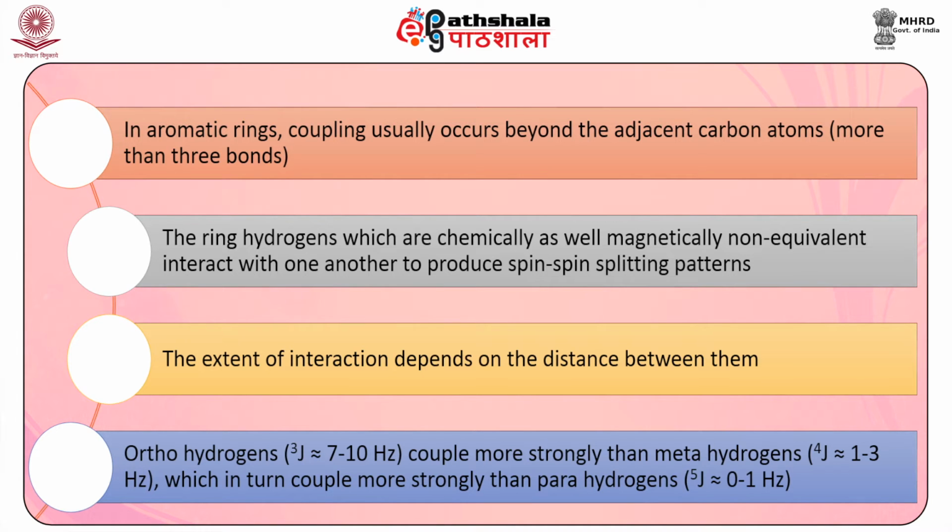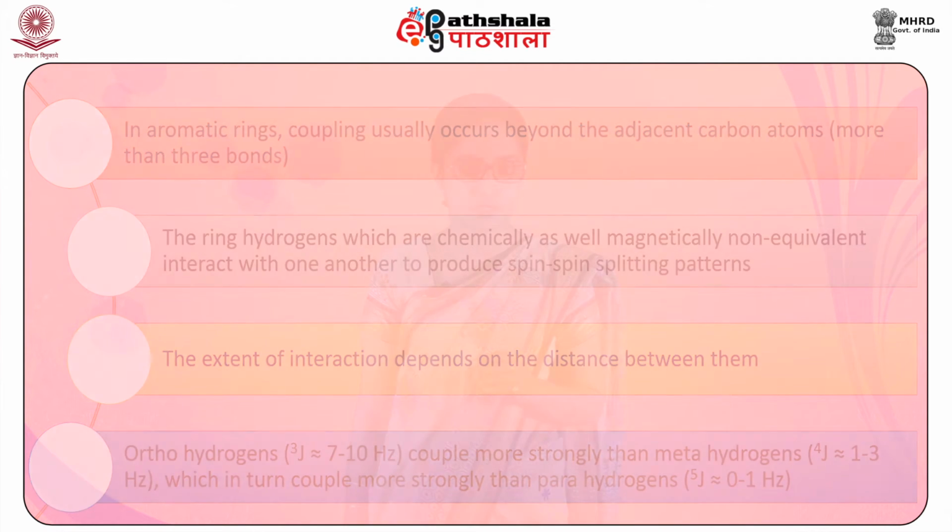The extent of interaction depends on the distance between them. For ortho hydrogens, students, the 3J coupling values are between 7 to 10 Hertz and they couple more strongly than meta hydrogens, for which 4J values are 1 to 3 Hertz, which in turn couple more strongly than para hydrogens because there are 5 carbons involved. So, the 5J values are 0 to 1 Hertz.